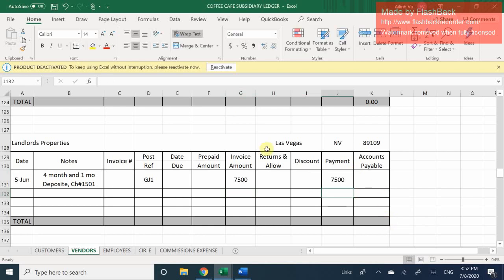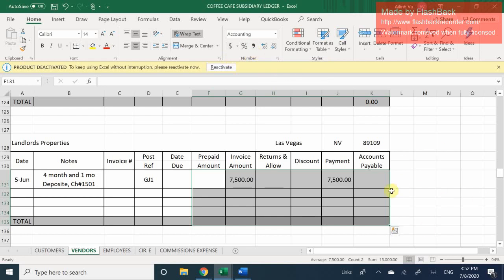For $7,500. Okay? And then the last account is going to ask you, do you have an accounts payable account? No. Reason being is because we've already indicated that we paid the whole thing.